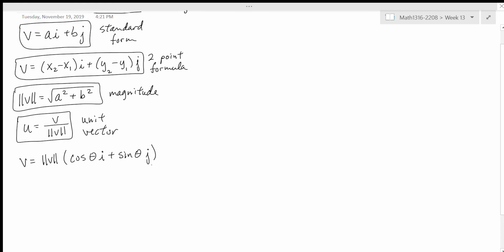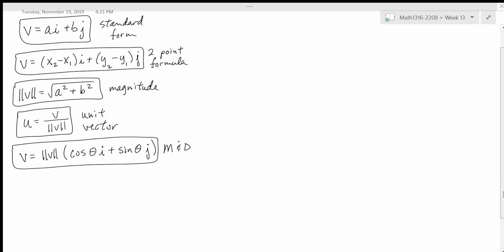Bam. And we're going to call this one the M and D formula. That's an abbreviation. The M and D formula. Anybody want to guess what M and D stand for? Yeah, that's the magnitude and direction formula.